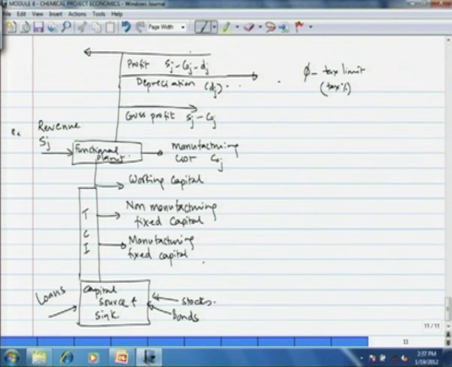So, out of this profit, the tax goes as phi into Sj minus C0j minus Dj, and the net profit that is retained by the company is 1 minus phi into Sj minus C0j minus Dj.